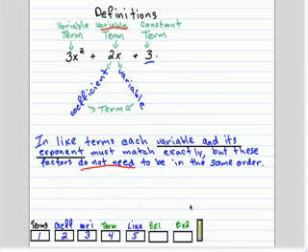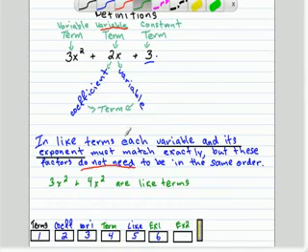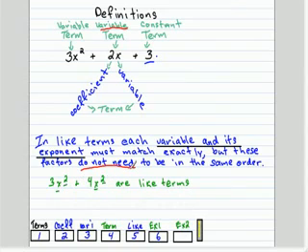Okay, what's all that mean? Let's take a look. 3x squared plus 4x squared are like terms because the variable and the exponent match in both of those. They both have x's and they're both squared, and we are adding. We have a little different rules for multiplying and dividing. 3x squared and 3m squared are not like terms.